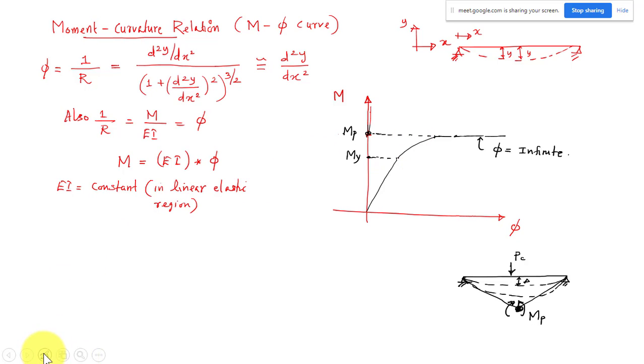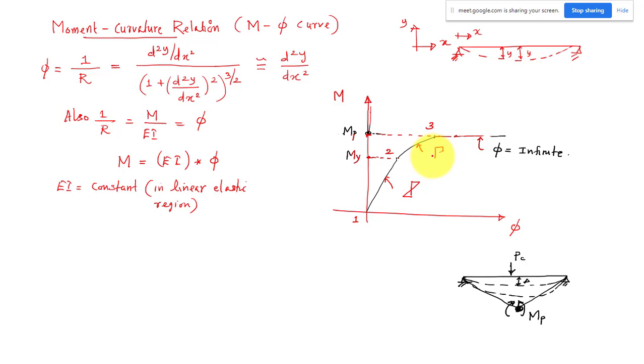So maybe I can draw the corresponding stress diagram, then it will be clear. And this is your region, that is your elastic. So what is the corresponding stress diagram? It will be like this. Let me mark 1, 2, that is elastic, and let me call 2, 3. In this 2, 3, what is happening? Your section is partially plastic and partially elastic.